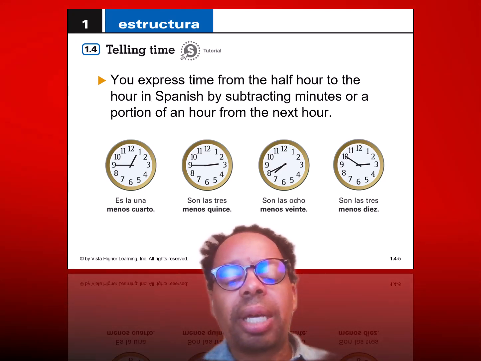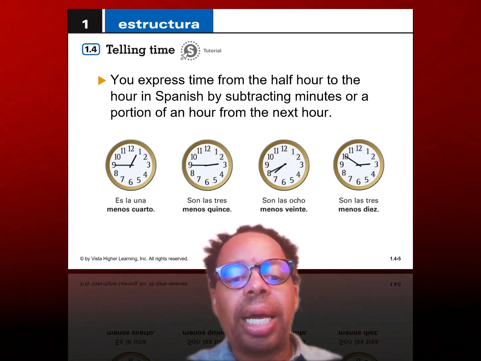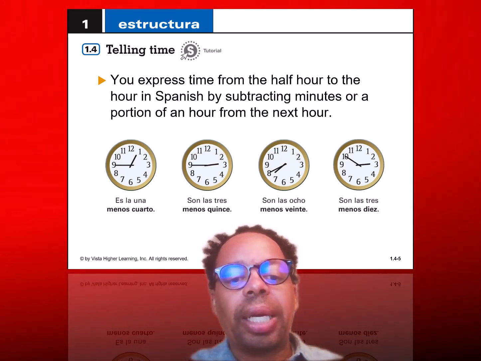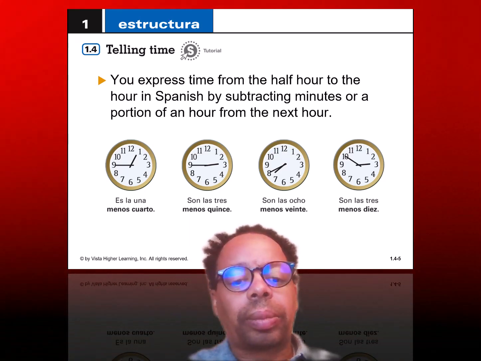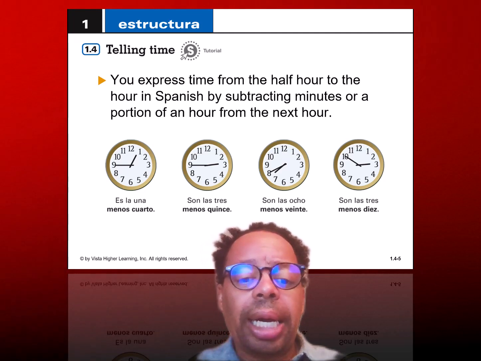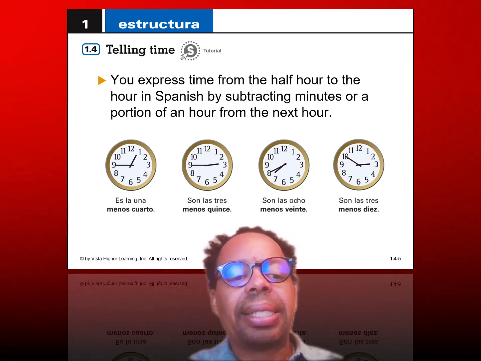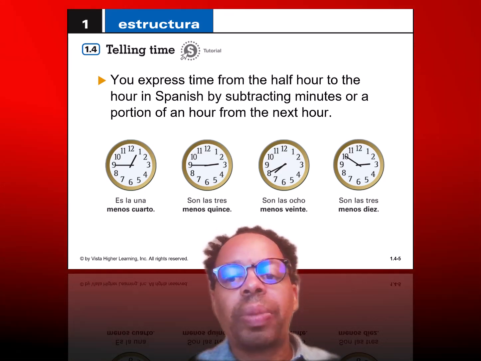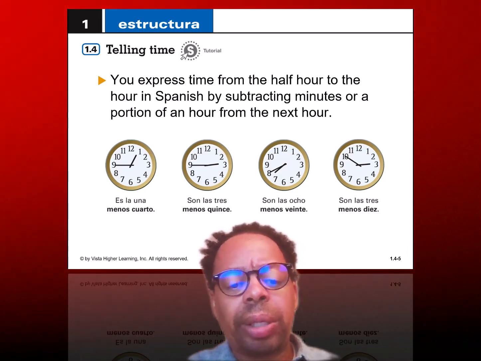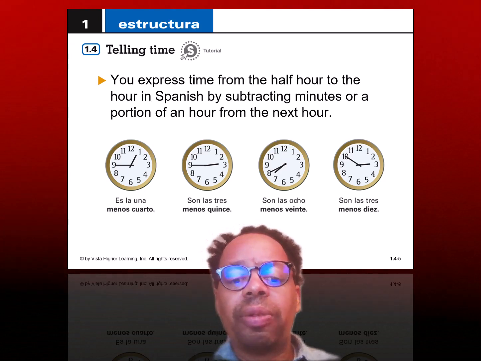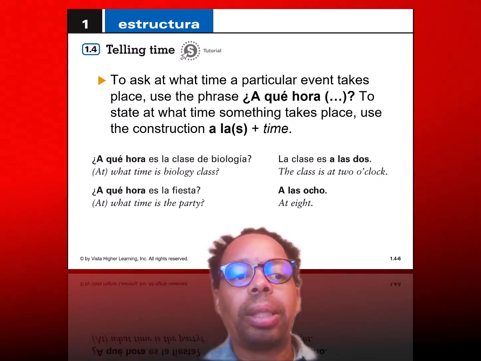Backing up to the previous clock, 7:40: 60 minus 40 gives us the menos 20 there. Same thing with the 15:15. So that's one way to look at this, and we'll talk about this some more this week going into your first exam.